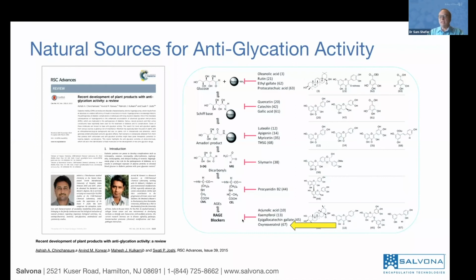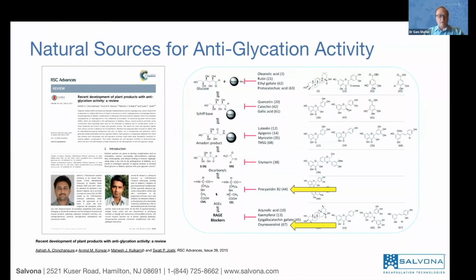So what's interesting here, and I start from the end, you see at the bottom, our friend resveratrol that I spoke about last week. So resveratrol is one good ingredient that can stop the process of forming AGEs. The other one that I'm going to focus on today is procyanidin B2, and this stops the process almost toward the end of forming the AGE.